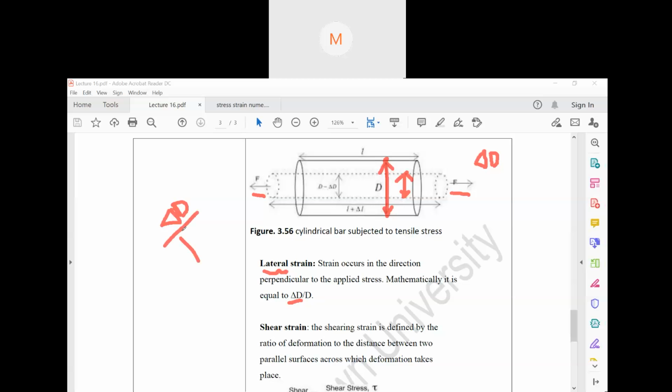That means we will be able to define lateral strain like this: the strain which occurs in the direction perpendicular. Why? Because the force is applied here and the strain is occurring here, right? That means del D by D. Yes or no? This is lateral strain. Is it clear, everyone? Or any doubt?